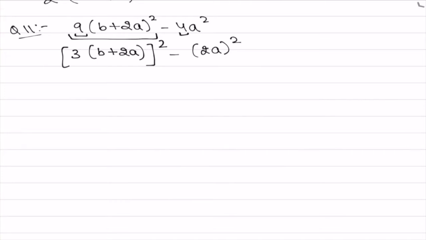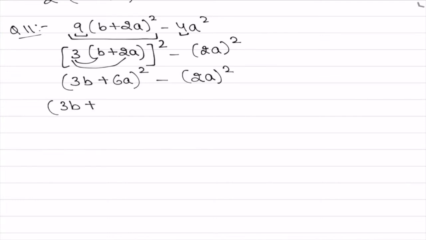Now first we will open this bracket. It becomes (3b plus 6a) in a bracket and whole square minus (2a) whole square. Again we will use the formula now: (3b plus 6a plus 2a) into (3b plus 6a minus 2a).